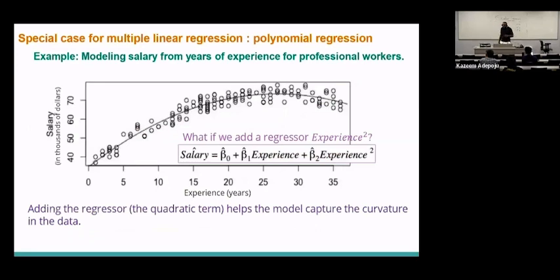Why am I incorporating the quadratic effect of experience? Because I believe that may adequately capture the curvature in the relationship. And that was why I said adding the regressor quadratic term helps the model capture the curvature in the data.